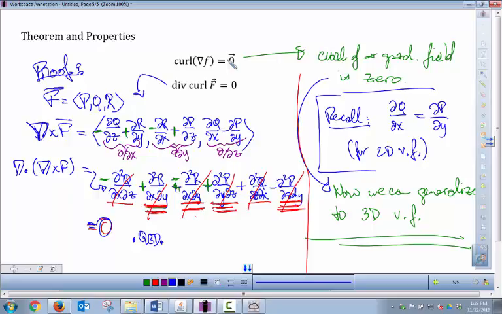I know 0 is a 0, but a 0 vector is significantly different from a 0 scalar. When you're doing divs and curls and mixing them up, you should know your result as a vector or a scalar.